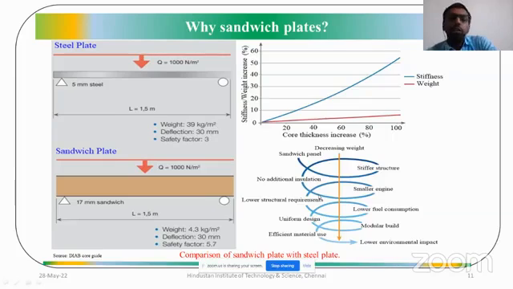So it also reduces the additional structural requirement for insulation, and by reducing the weight, the fuel consumption will also reduce. By reducing the fuel consumption and the requirement of material, the impact on the environment will be less.